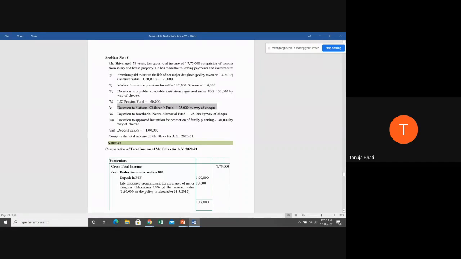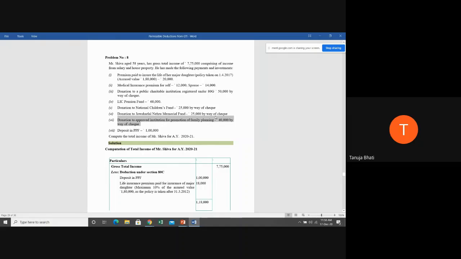Very good. Donation to Jawaharlal Nehru Memorial Fund, 25,000 by check. To which section is this going to fall? 80G. Next, donation to an approved institution for promotion of family planning by check.